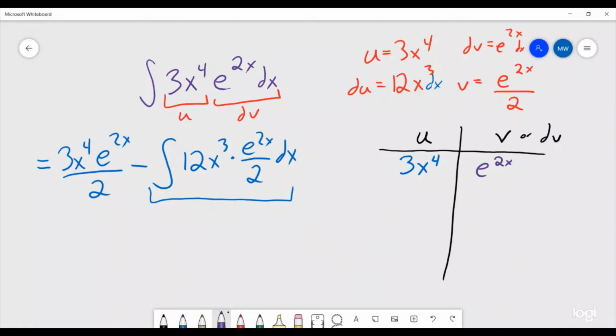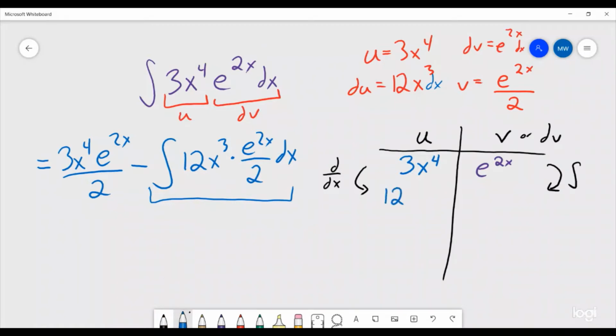And we are going to go down this direction, and these are going to be successive derivatives, and then going down the other direction on this side, these are going to be successive integrations.